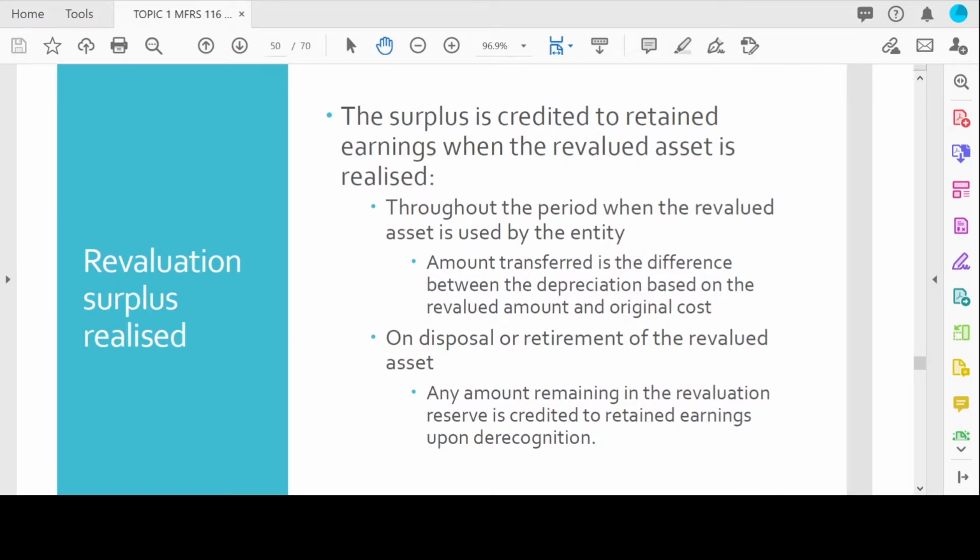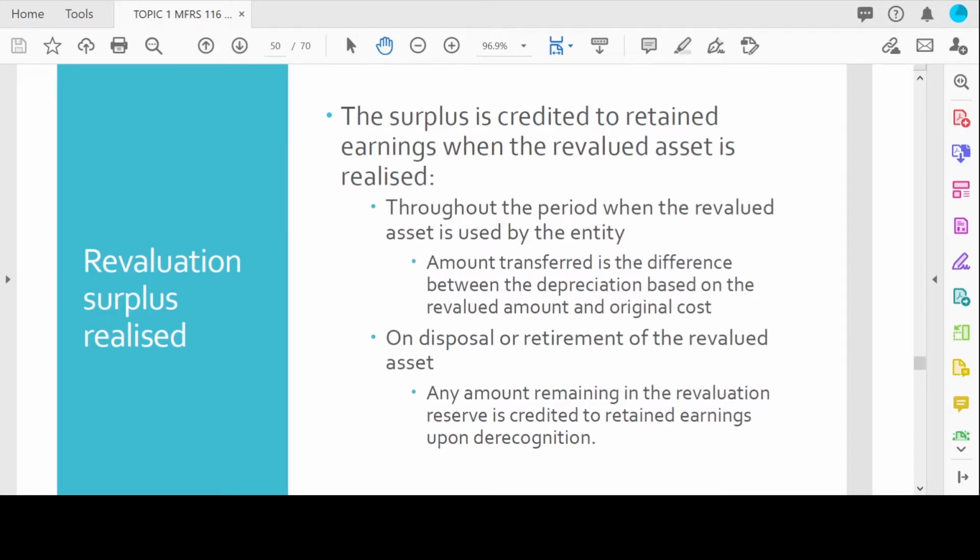On disposal, when you dispose of or de-recognize the revalued asset, any accounts that relate to the disposed asset, including the asset revaluation reserve, will be closed, and the balance of the asset revaluation reserve will be transferred to retained earnings.